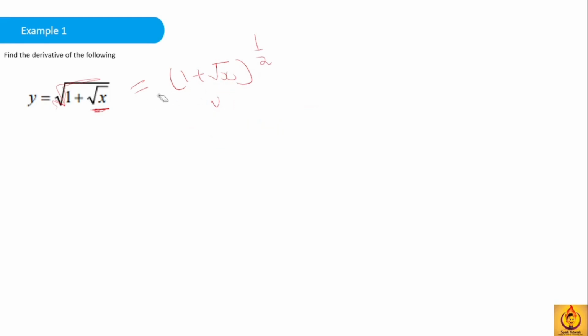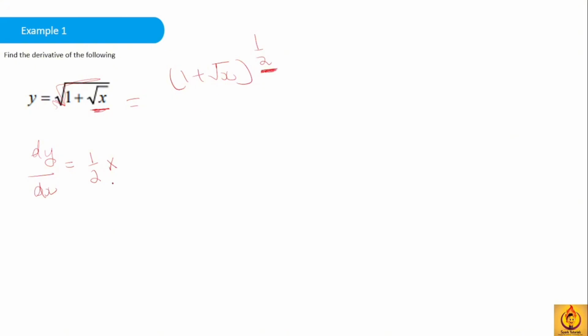So now, what do we do in this case? Let's leave it like this so that it's easier for us to solve. The derivative of y defined that way above, right? It's going to be 1 over 2, which is our n, by the way.